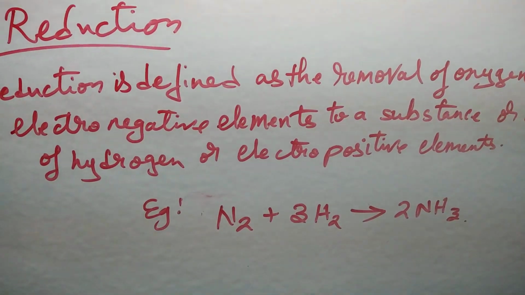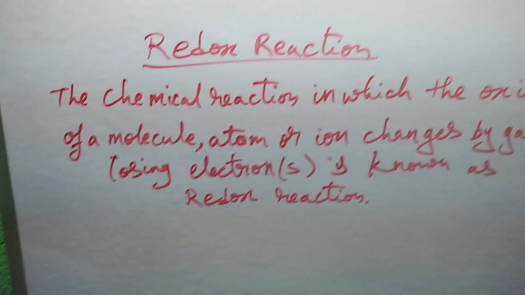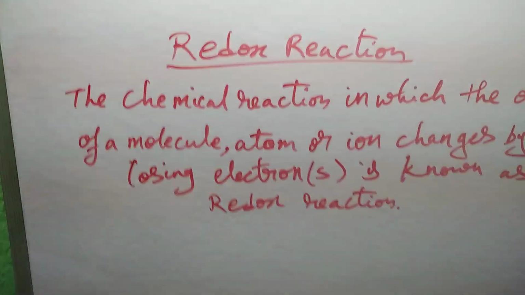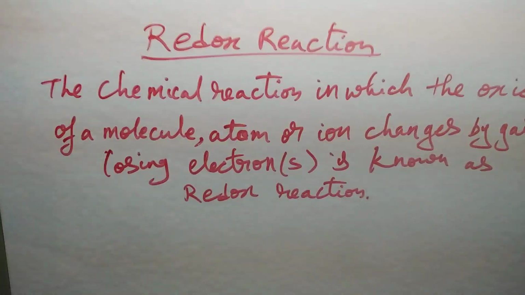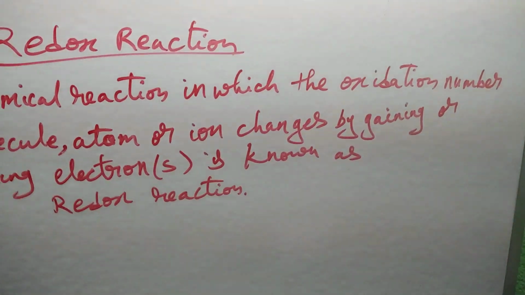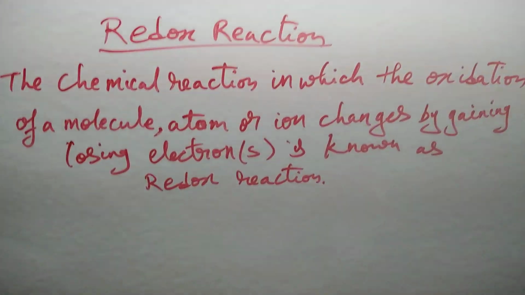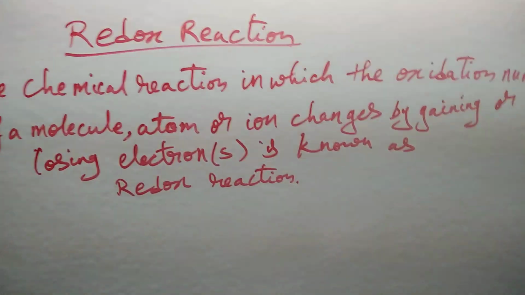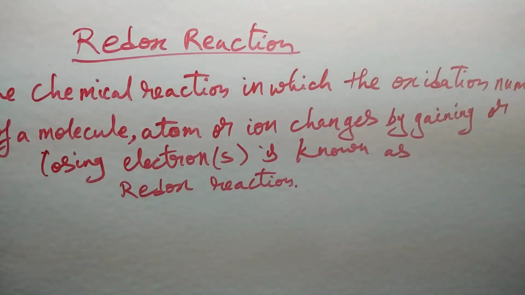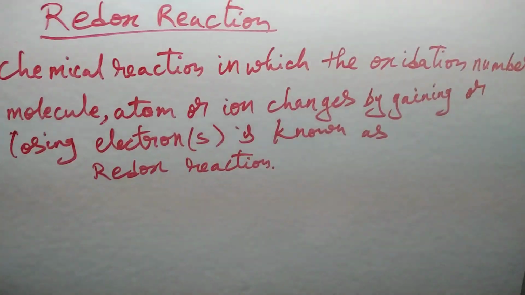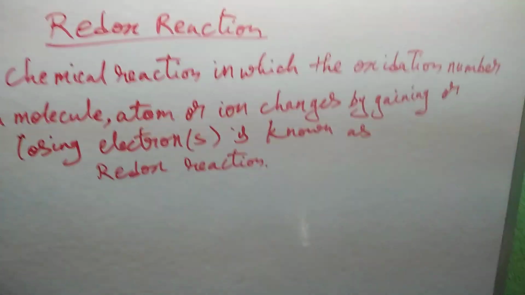Okay students, before going to the examples, let's know what is redox reaction. See students, what is redox reaction? The chemical reaction in which the oxidation number of a molecule, atom or ion changes by gaining or losing electrons is known as redox reaction.